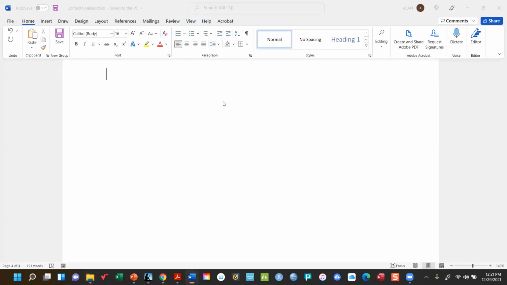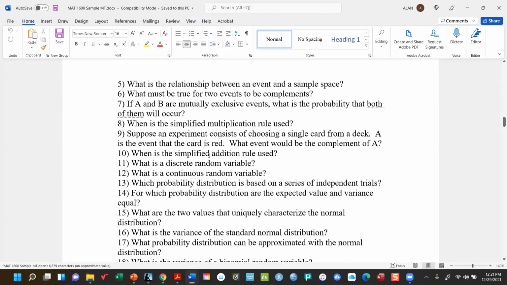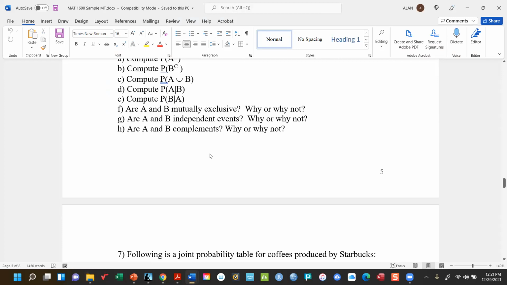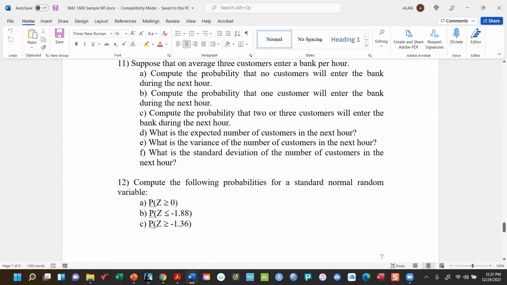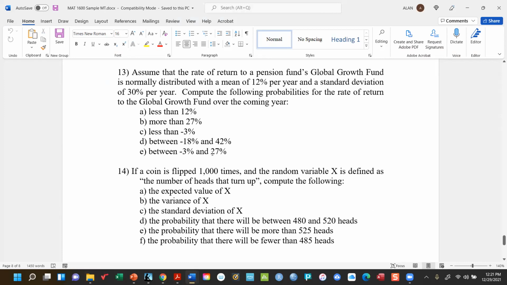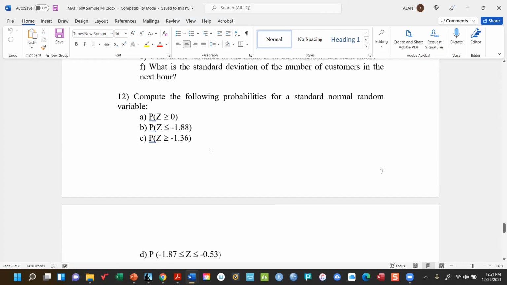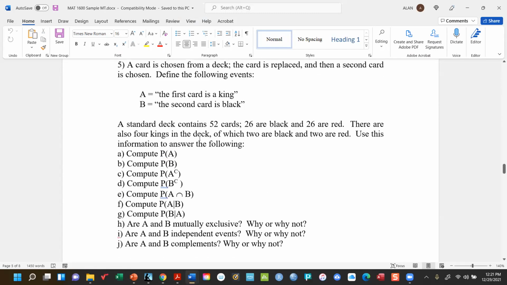If it's there, then you don't have to worry about it. No, no Bayes' theorem questions. All right, that's good. So I don't have to delete it. It's not there, so we're good.